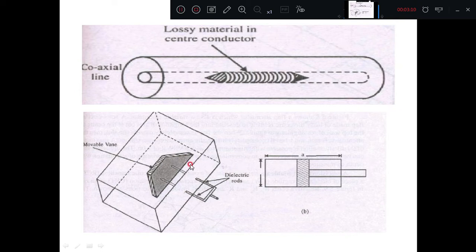And this figure shows you the movable vane attenuator. Here you can see the movable vane, and the dielectric rods are placed so that it can be moved outward as well as inward freely.